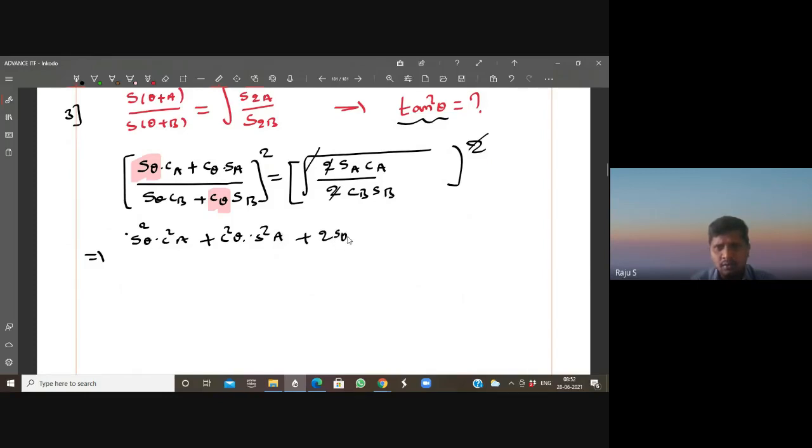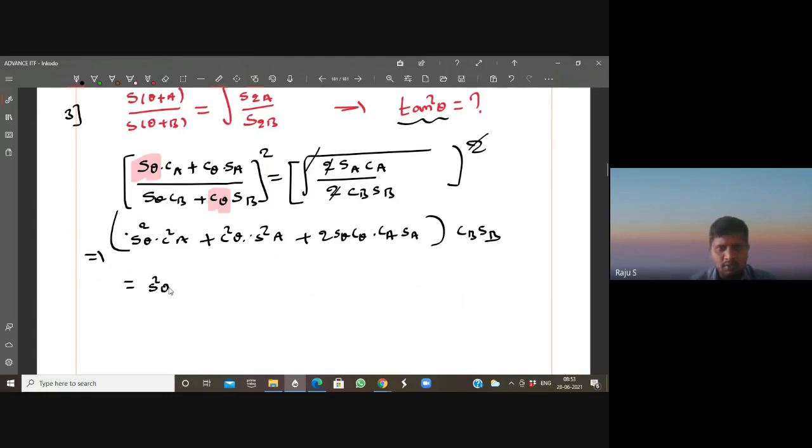2 sine theta cos theta cos a sine a into, yeah, you can cross multiply this cos b into sine b is clearly equal to, again the same, a plus b whole square.